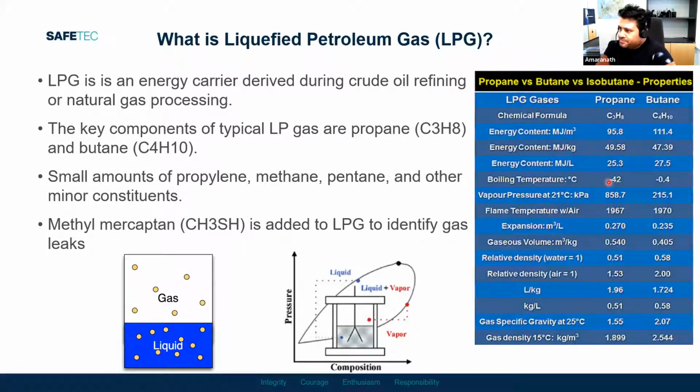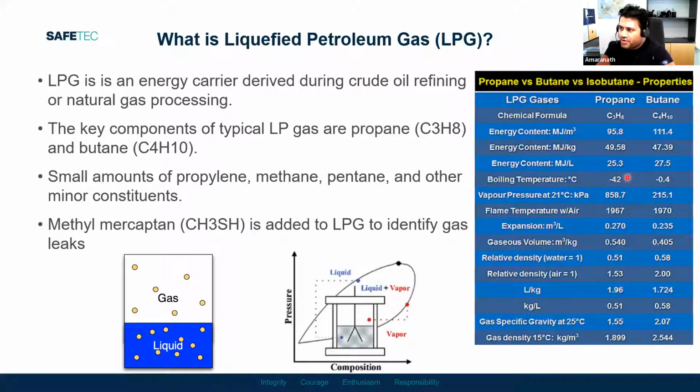If you see the boiling temperature of these two gases, propane has a very low boiling temperature compared to butane. So in Sri Lanka, for example, with average temperature above 30 degrees, we used to have higher concentration of butane and lower concentration of propane.